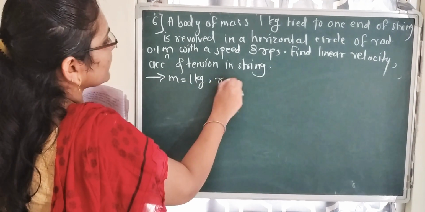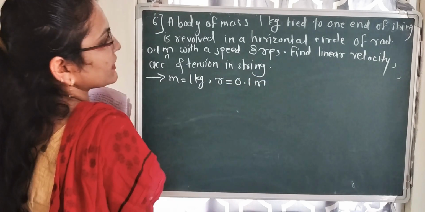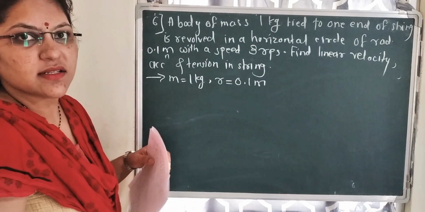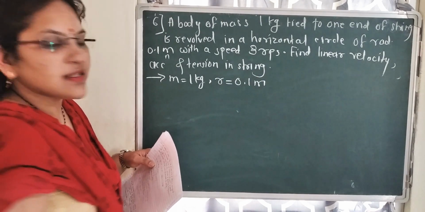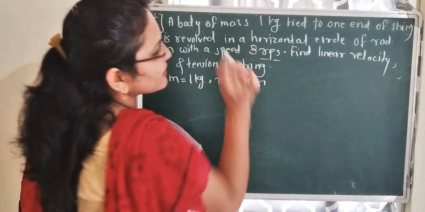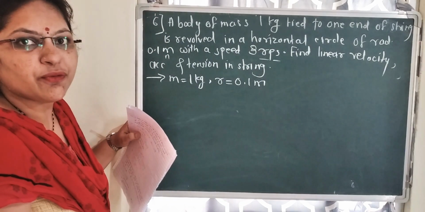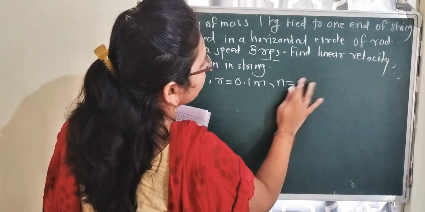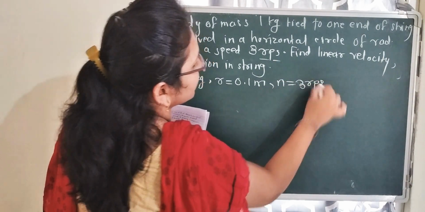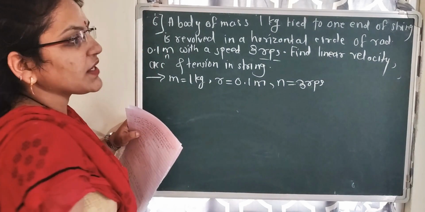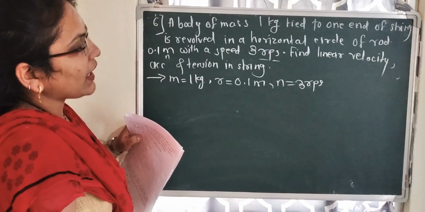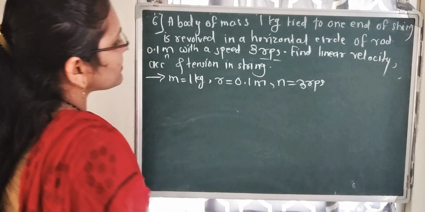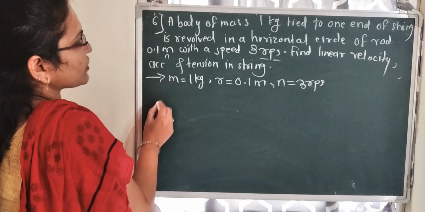The radius of the circle is 0.1 meter. Here speed is given, which is 3 rps. What is 3 rps? From the unit you can tell rps is the unit of frequency. So here the frequency n is equal to 3 rps. Then we have to find linear velocity, acceleration and tension in the string.